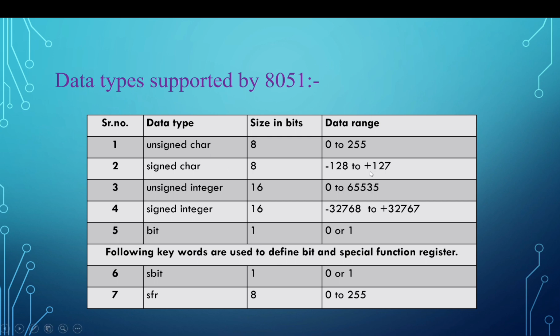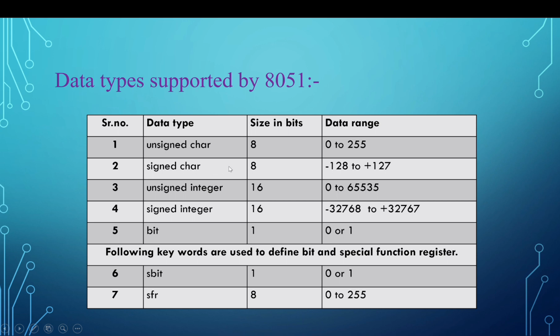If my data is in the range 0 to 255, I will declare the variable as unsigned character. If my data value can be positive or negative, I will declare the variable as signed character.